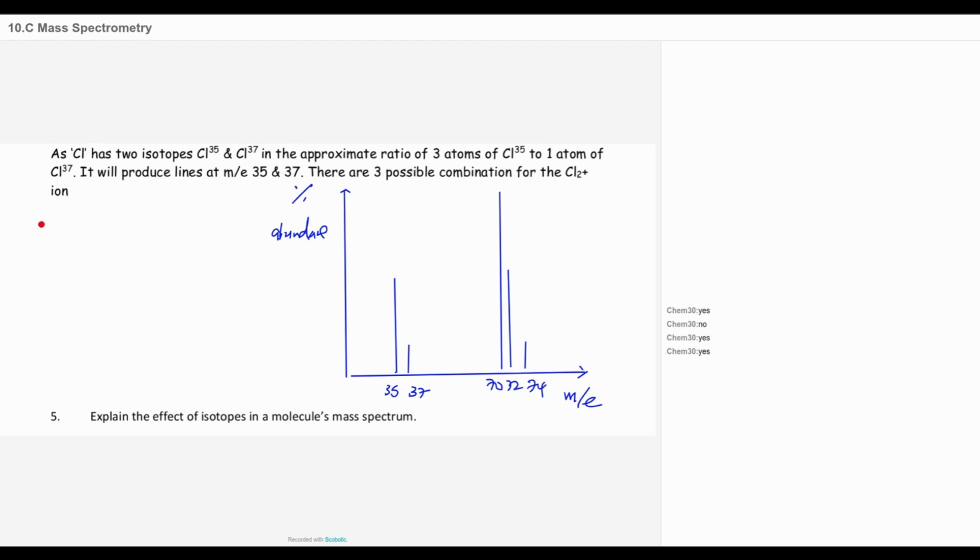Now, chlorine 35, we know. Chlorine 35 plus, and chlorine 37 plus. And chlorine 35 combines, that is before fragmentation occurs, I said part of the molecules goes as the molecule ion.